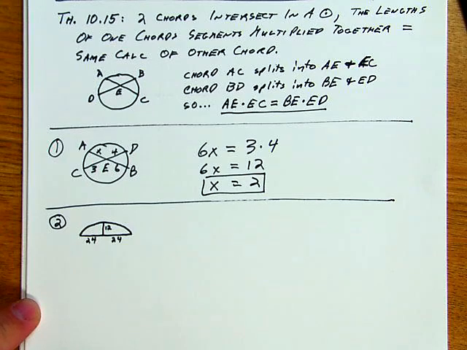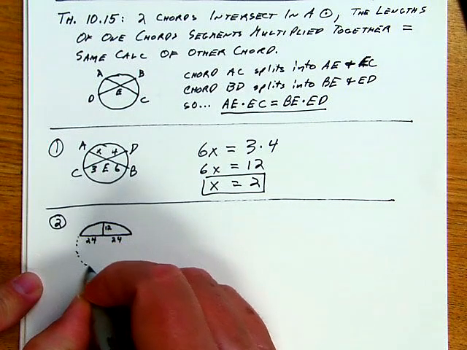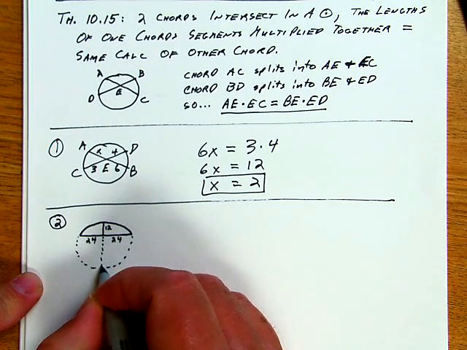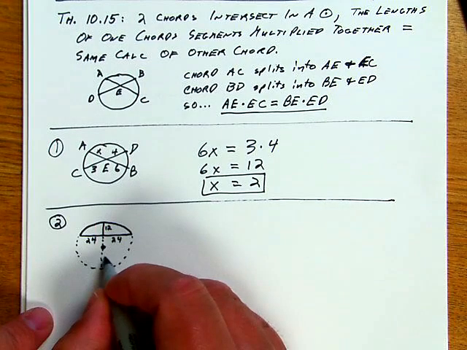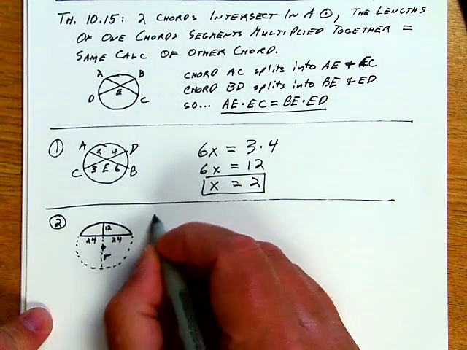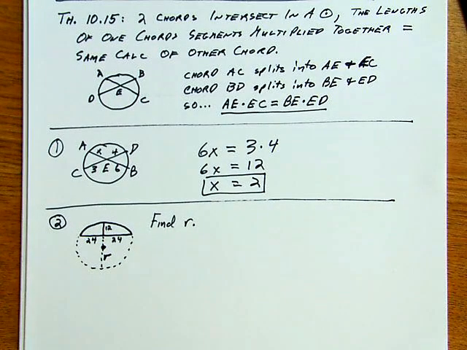Okay? What I'm asked to find out is, this is the part of a circle, what is the radius r of that circle? So find r. Well, how do I find r?